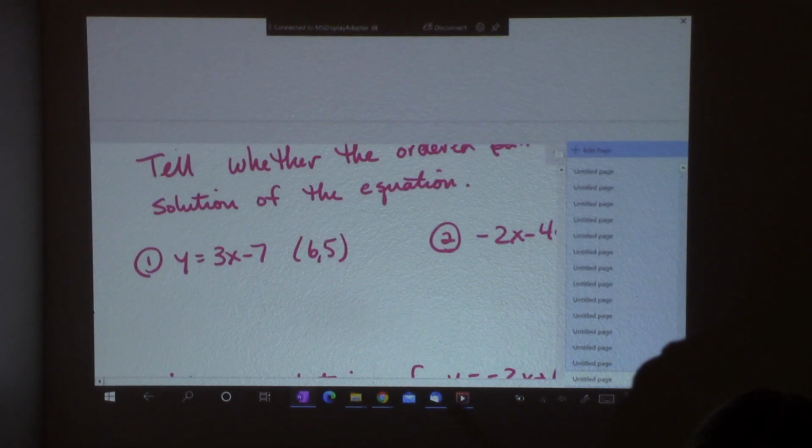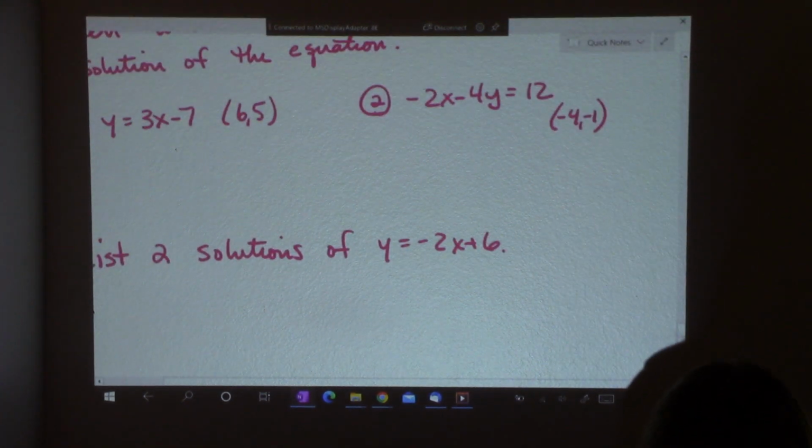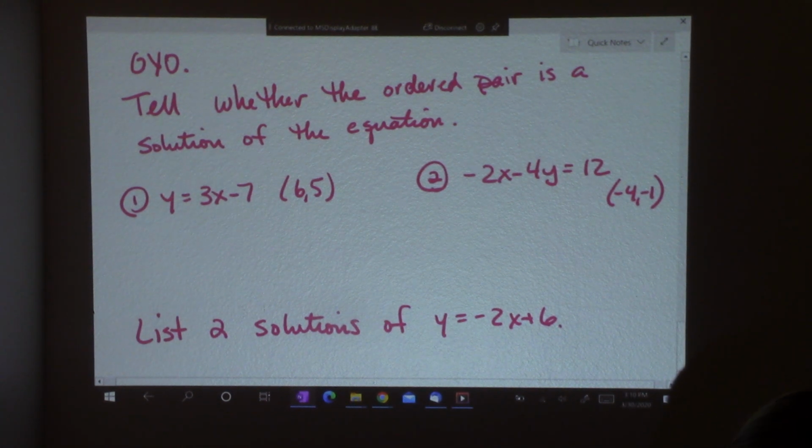Alright, so I'm going to change colors. Let's go back to blue, and we'll do these. For this one, I'm going to put 6 in for x and 5 in for y. So I've got 5 equals 3 times 6 minus 7. Is that a solution? Does that work?